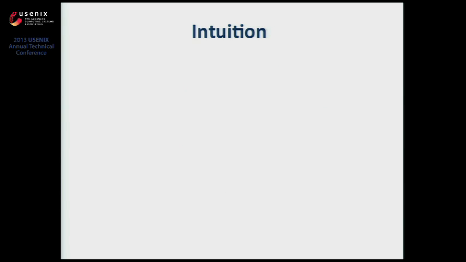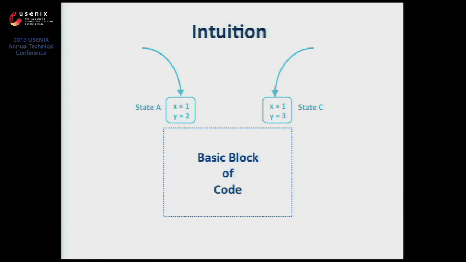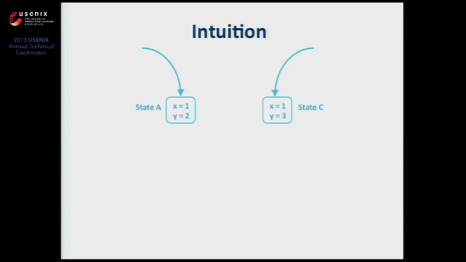So we take a different approach. Here, for example, is the more typical case where we have a state A and a new state C that differ on the variable y. Again, they're coming from two different paths to the same basic block, and again, they have different values of y. So what can we conclude from this?